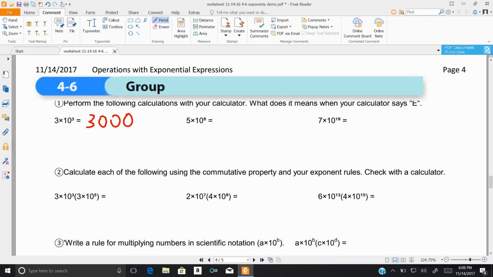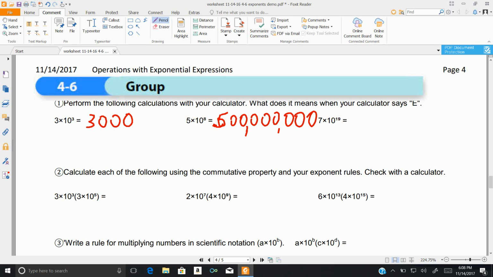And likewise, 5 times 10 to the 8th is 5 with 8 zeros. One, 2, 3, 4, 5, 6, 7, 8. So it's actually 500 million.